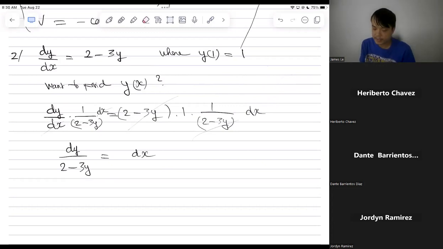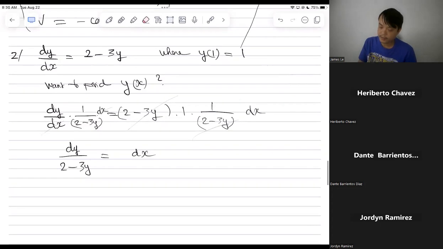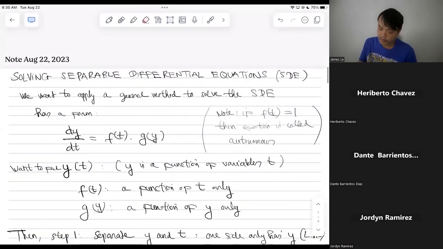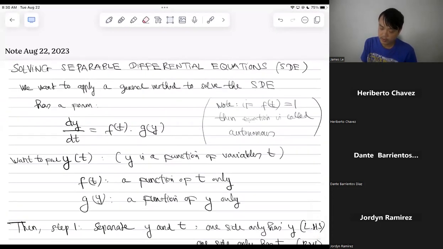View it as a product. Because from the beginning, when I introduced the definition of a separable differential equation, we have the product here: f of t times g of y.